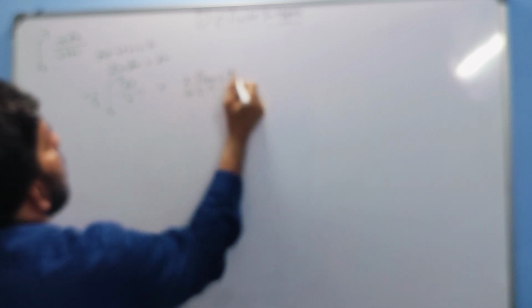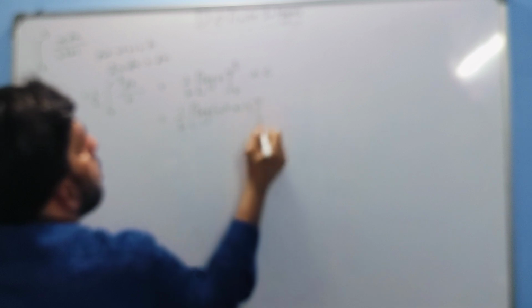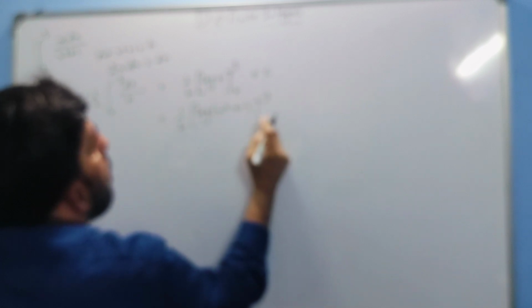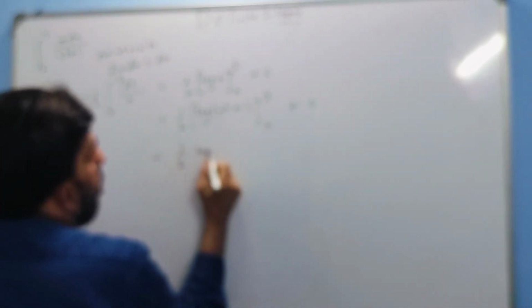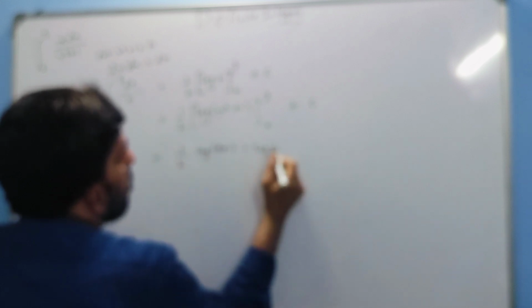Plus c. Now what is the t here? We have to put it back: log of x square plus 1. Now I can easily put the limits in such questions. What they have given is half of log of (9 plus 1) minus log of (4 plus 1), so it will be 5.